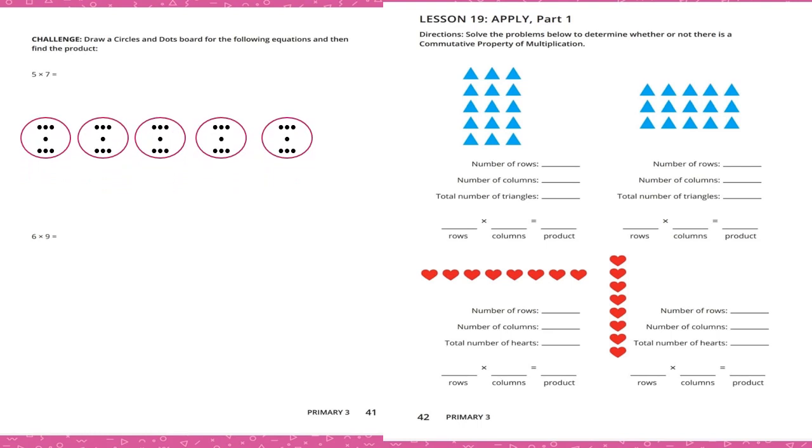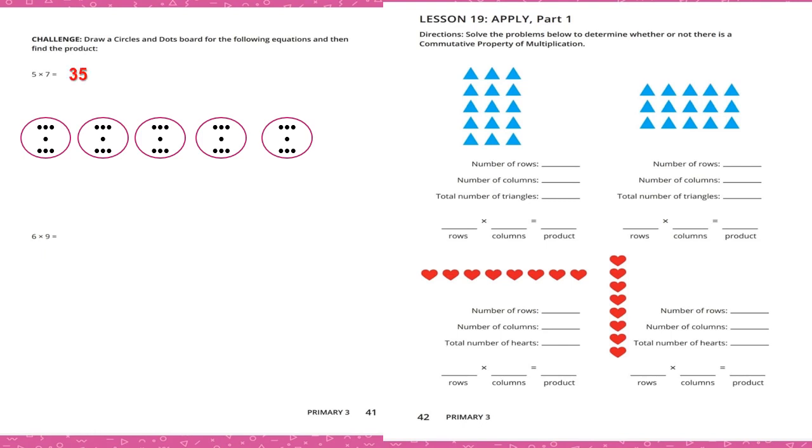Okay, so I have here 7 repeated 5 times. So I draw 5 groups, and inside each group 7. So I will take one number for the number of groups and another number for the dots. So I choose 5 for groups. There are 5 groups. Inside each group I have 7.